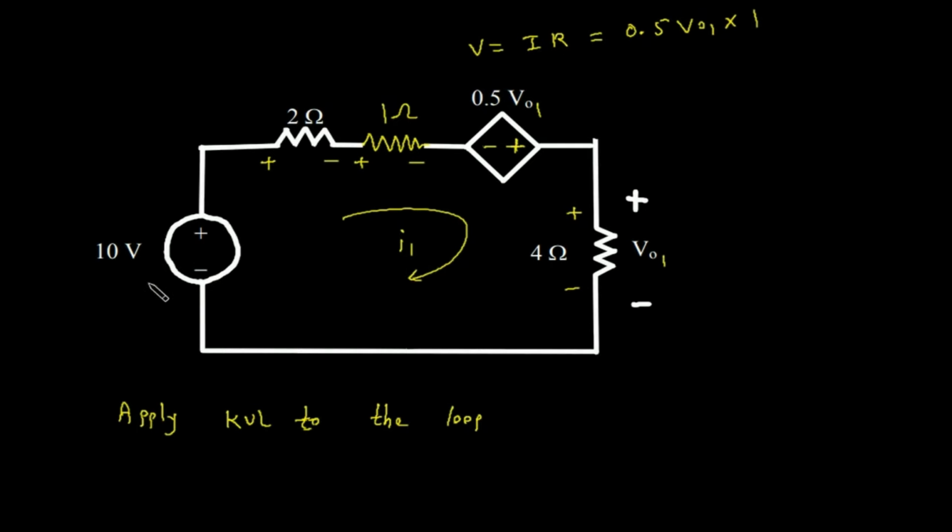So this will be minus 10, then plus 2 I1, plus 1 I1, or directly 3 I1, then minus 0.5 VO1 plus 4 I1 is equal to 0.